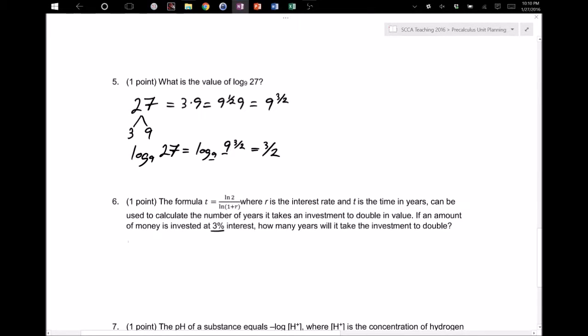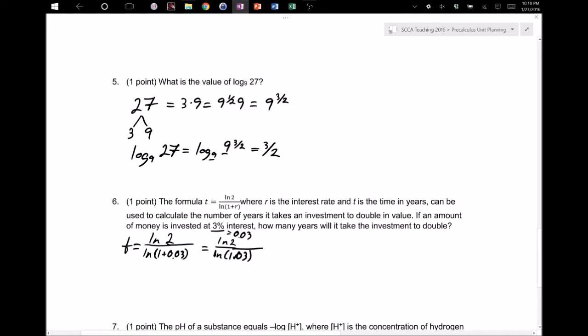So literally, all we're going to do is rewrite it. So ln of 2 divided by ln of 1 plus, what's 3% as a decimal? It's 0.03. So it's ln 2 over ln of 1.03.